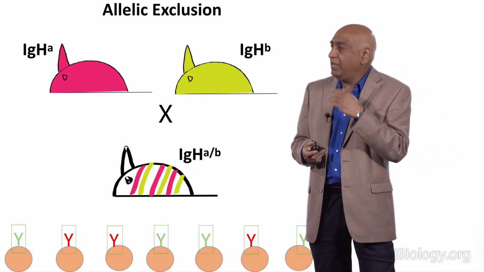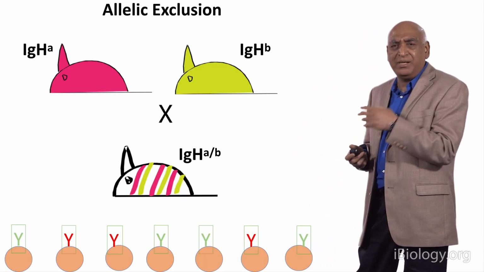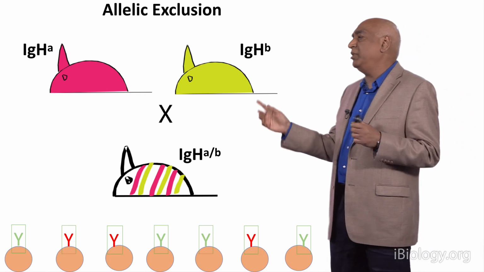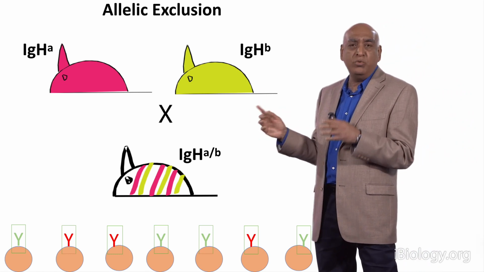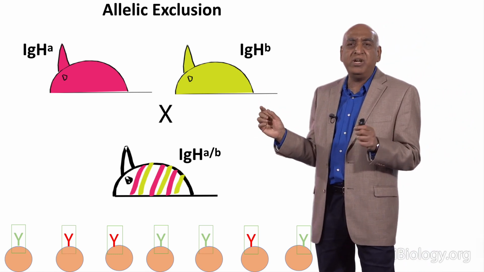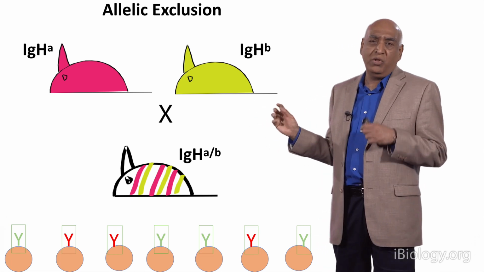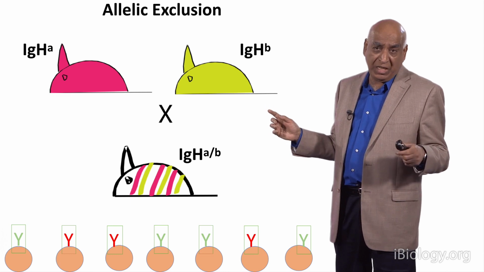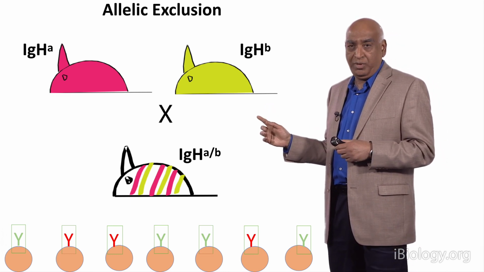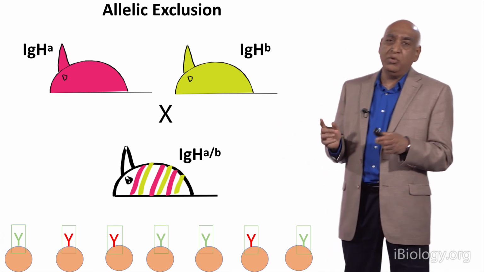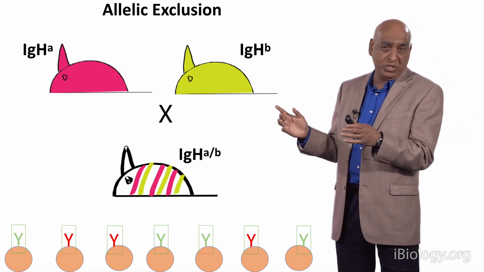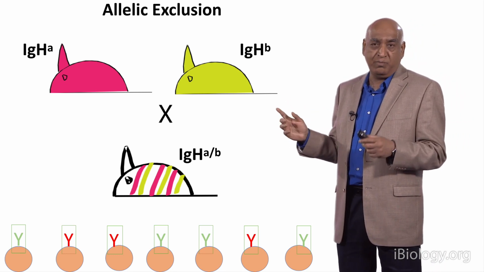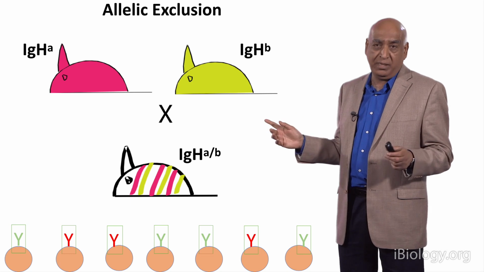The experiments that had been done earlier on, and this is one example of such an experiment, was to take two mice which have different polymorphic forms of the antibody heavy chain gene. In this case, we have IgHA and IgHB. When you cross these mice, you now have an F1 mouse, which is IgHA and B. It has both the A allele and the B allele.